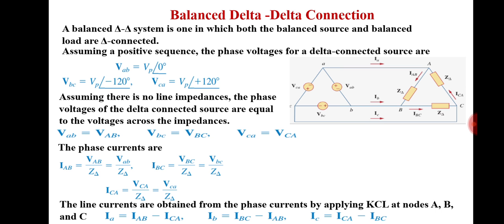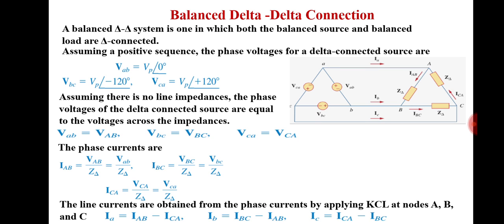Now a balanced delta system is one in which both the balanced source and balanced load are delta connected. In a balanced delta system, both the balanced source and balanced load are connected in delta connections.